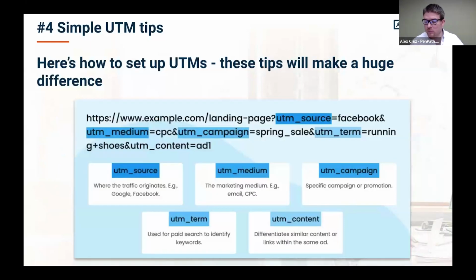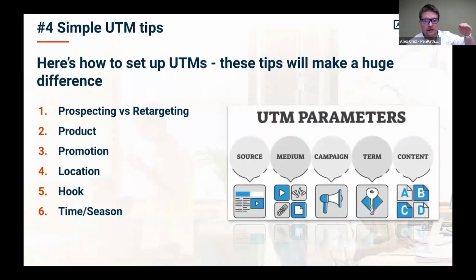I'm not going to spend too much more time on UTMs, as I believe many of you already know what they are, but just make sure you're using them, and I would use them down to the content level, if you can. The other tip that's worked for our customers is don't be afraid to use the same tag in many of the different stages.